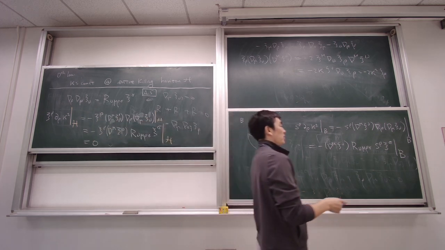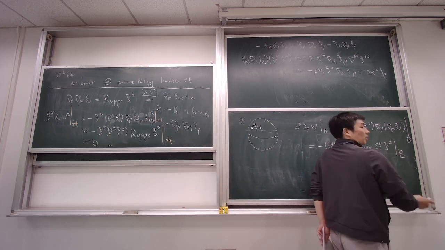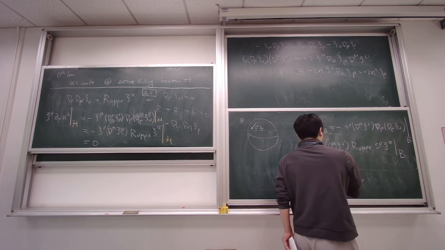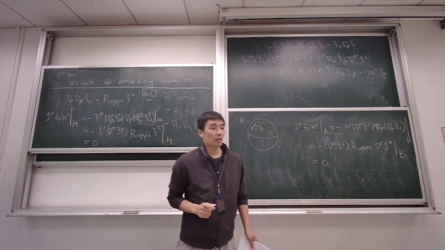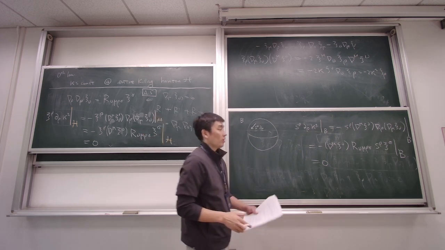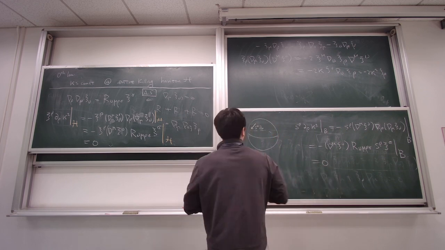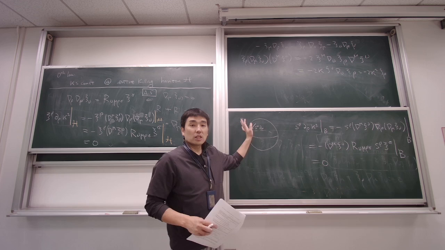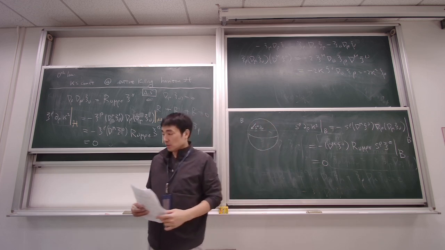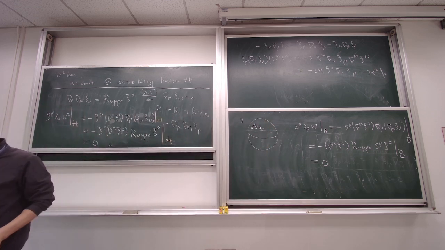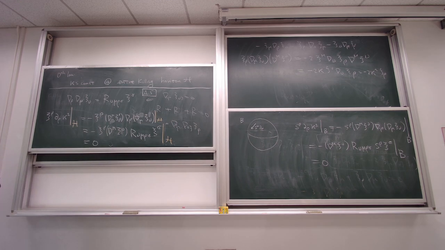But we know the C at the bifurcation point B is equal to 0, so therefore it has to be 0. So we know C at the bifurcation point is 0, so therefore this is 0, so therefore it's also along the surface it should be also 0. Okay, so this is a proof of the zeroth law of thermodynamics. Any question on this one?